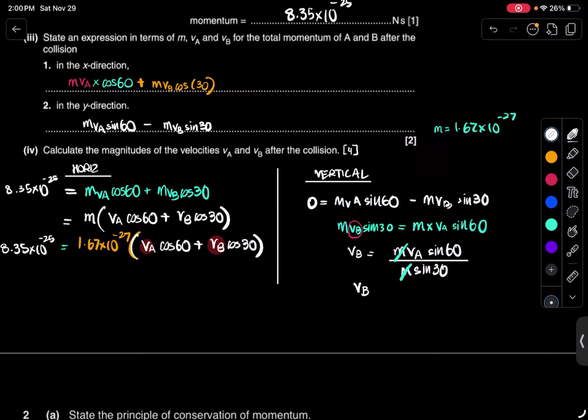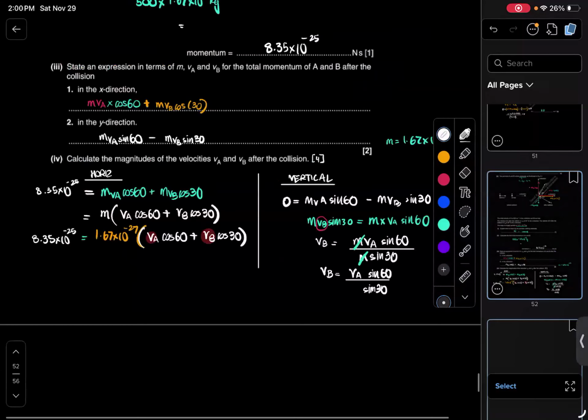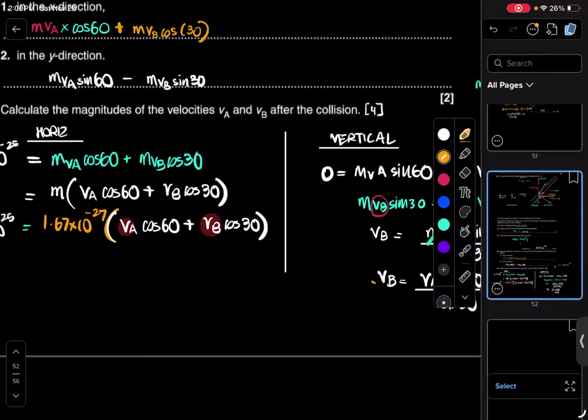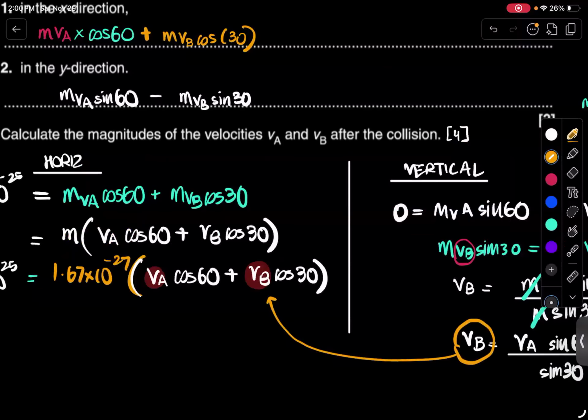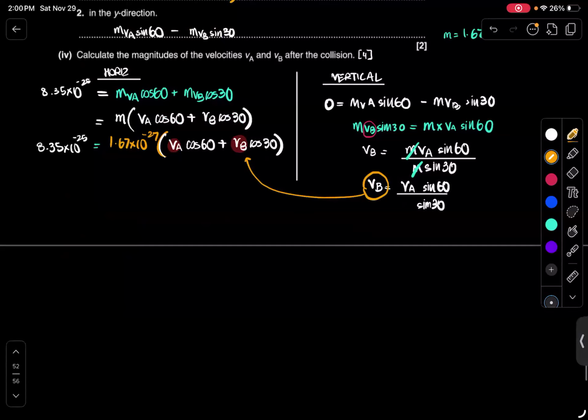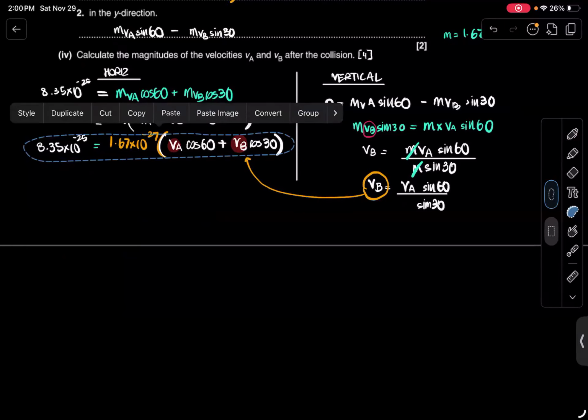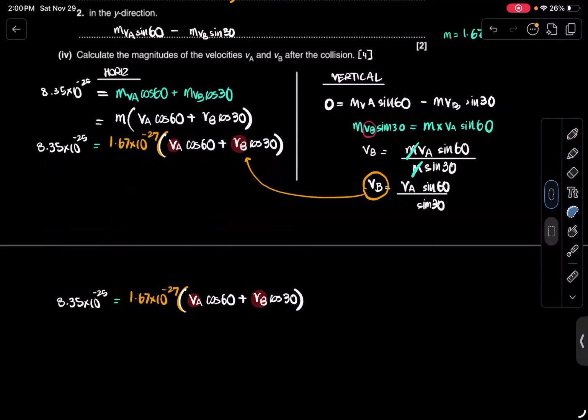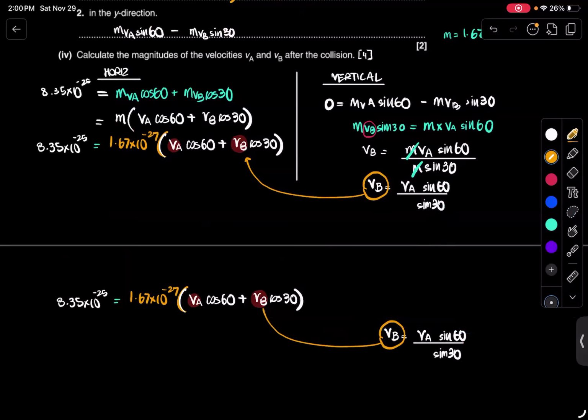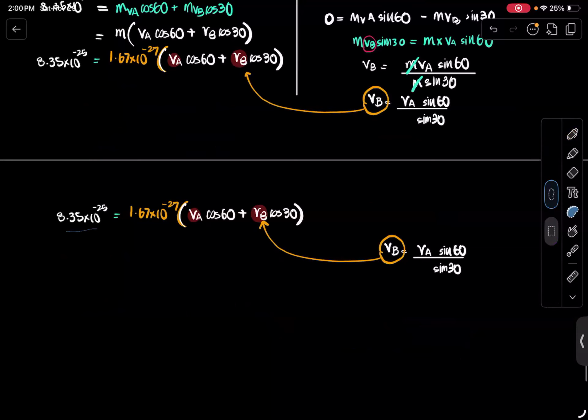So VB is equal to VA sine 60 divided by sine 30. Can I plug this VB over here? Yes, I absolutely can. So if I write down this entire equation and then this equation, I can plug that in over there, right? So let's plug that in now.